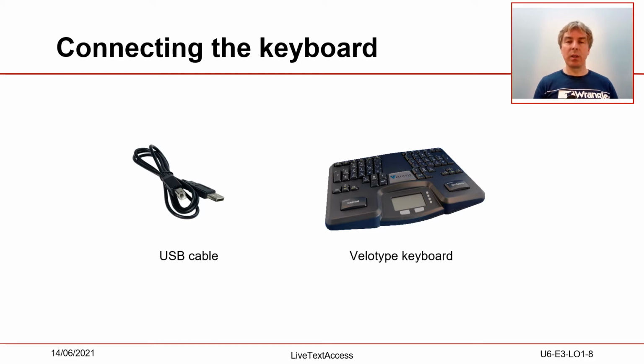The only thing the user has to do is to set the operating system in the menu of the Velotype, that is Windows, Apple or Linux, and besides that set the correct keyboard layout that the computer expects, for example US International. These settings can also be changed at any time if necessary. More information about the settings and specifications of the Velotype keyboard can be found in the manual.